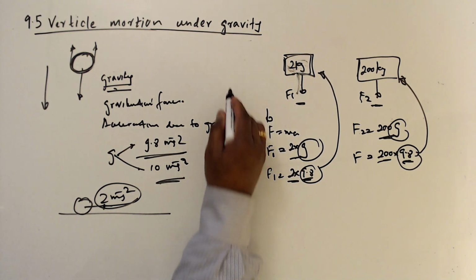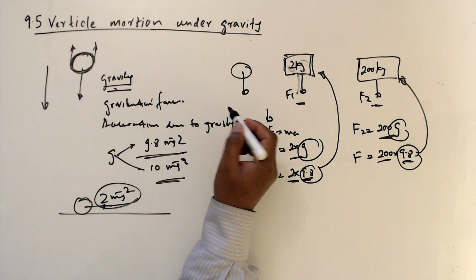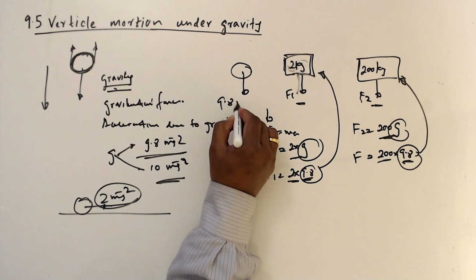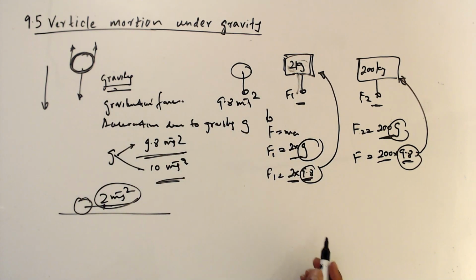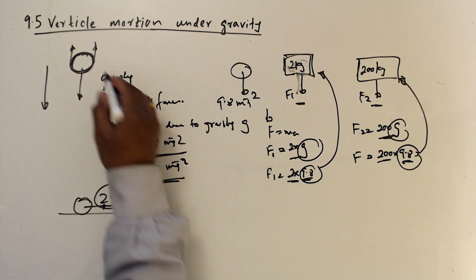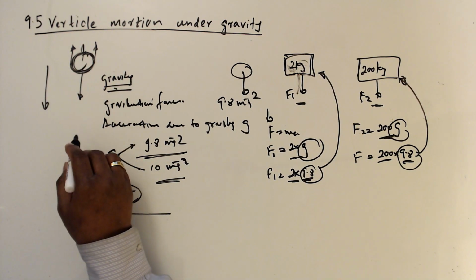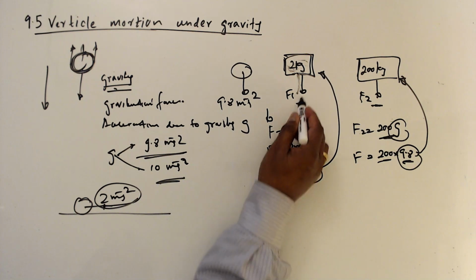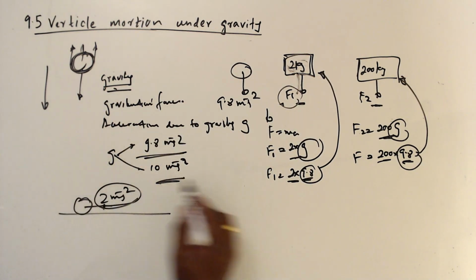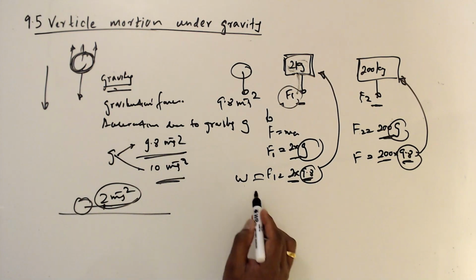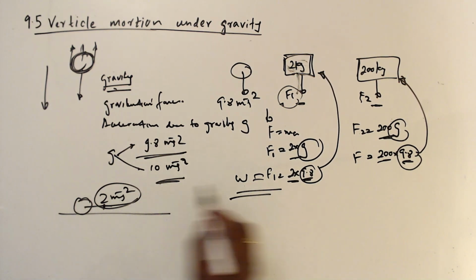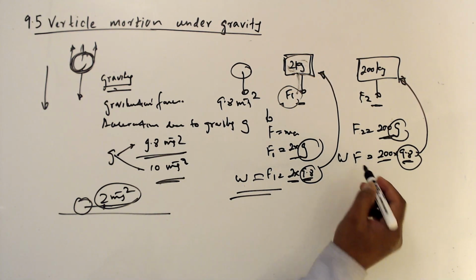But if it is a free fall, we can assume that it is 9.8 m s^-2, and as I said, we usually disregard air resistance. This F1 is actually the weight of the object.